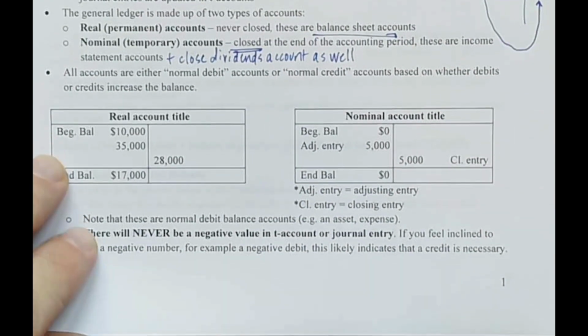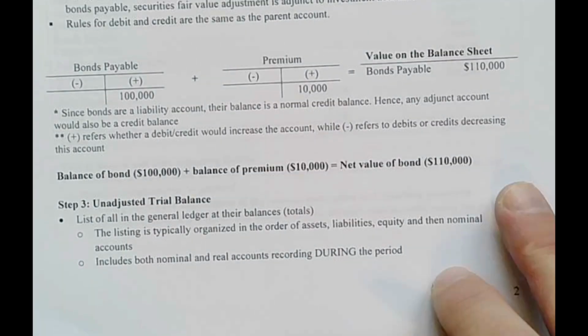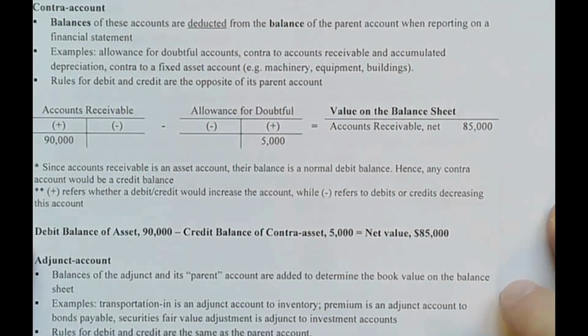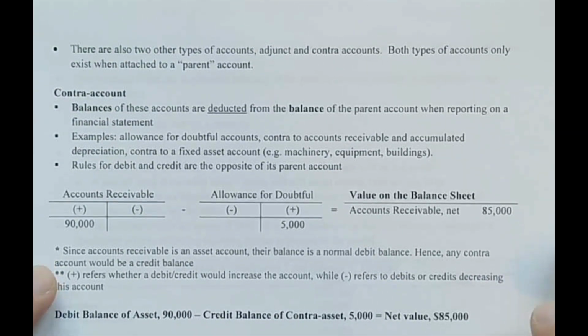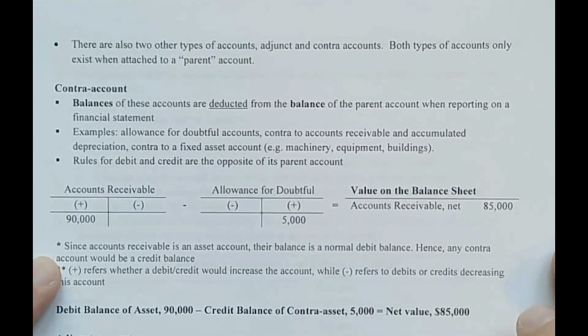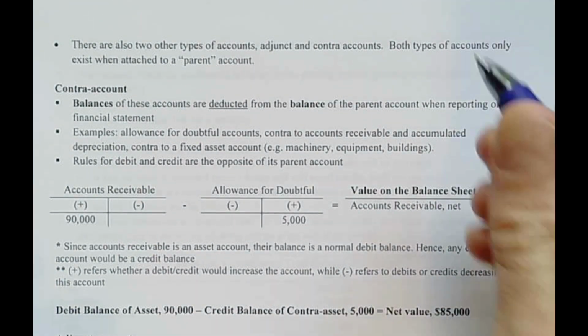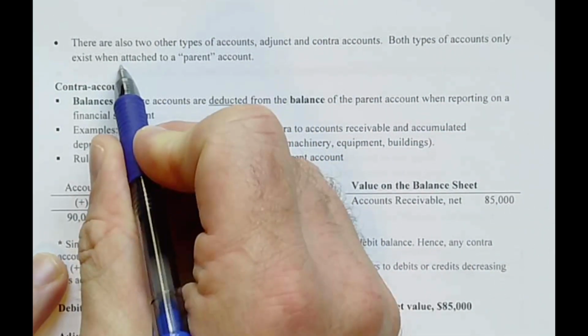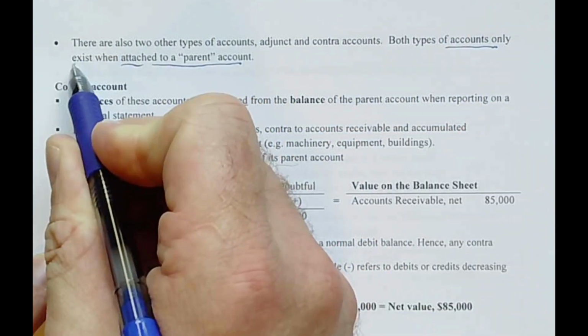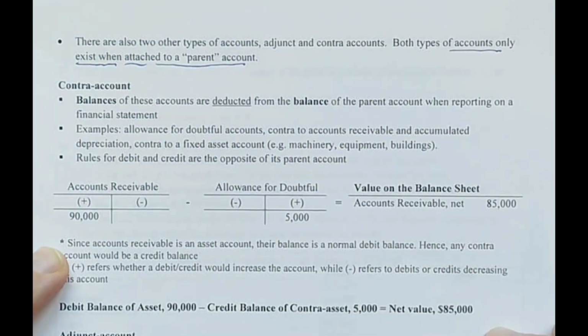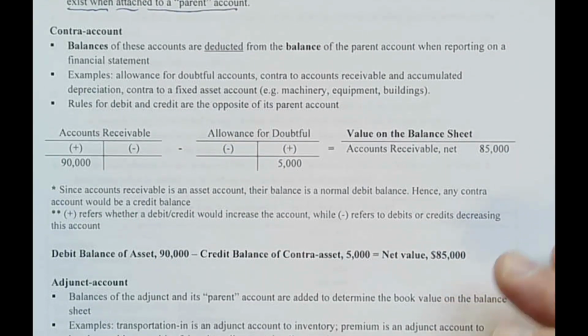On top of the real and nominal accounts, there are two types of accounts, adjunct and contra accounts, and both of these only exist when they are attached to a parent account. Otherwise, they make no sense. So let's look a little more at what examples of those are. Balances of these accounts are deducted from the balance of the parent account when reporting on a financial statement.